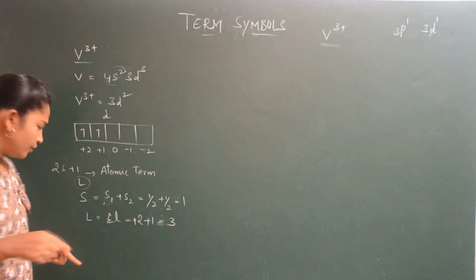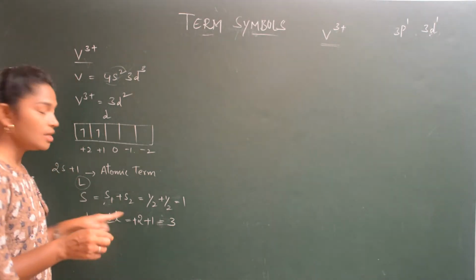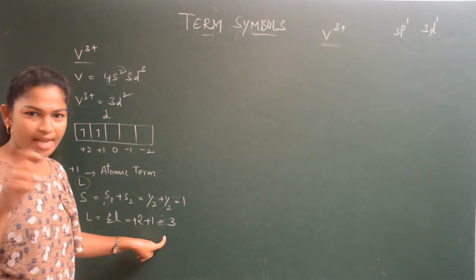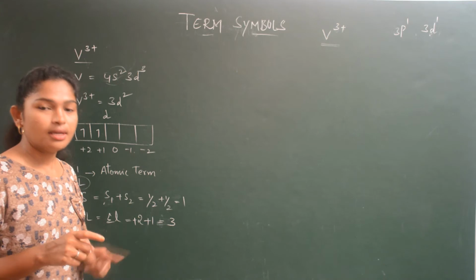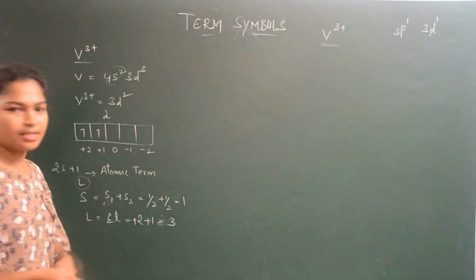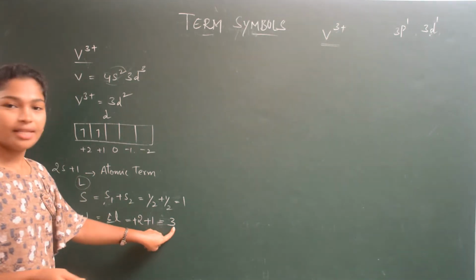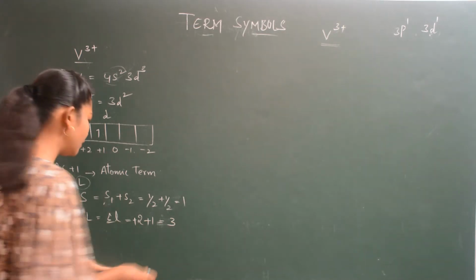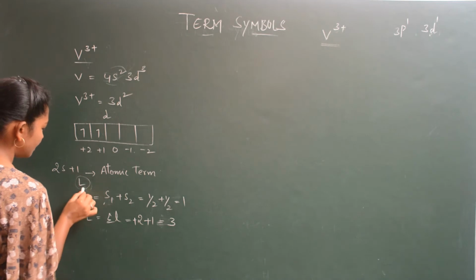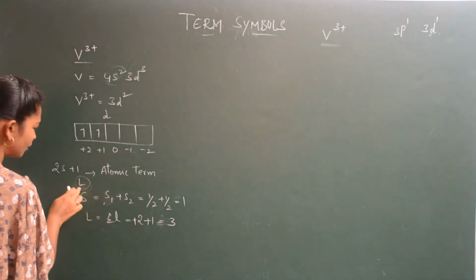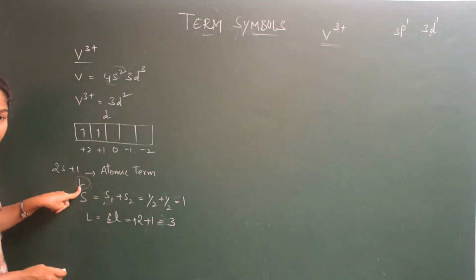I told you, when you get L is equal to 0, the term you write is S. If you get 1, P you write. If you get 2, D you write. If you get 3, then what will you write? F. So L is equal to 3 means you have to write F here.